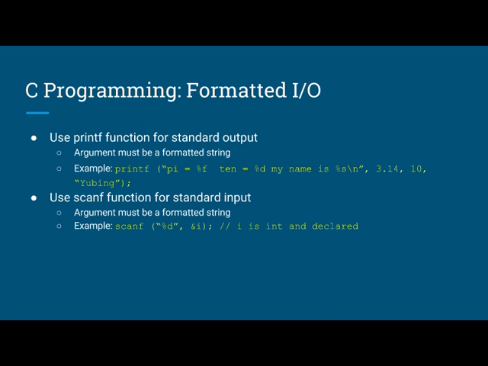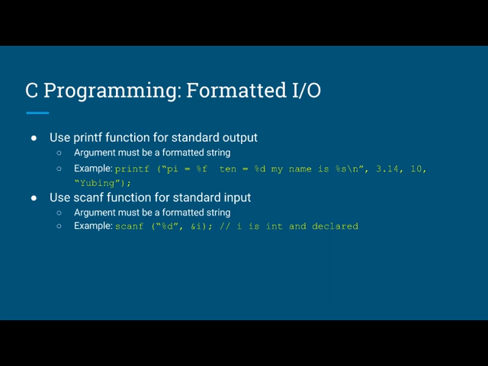In this case, we have something like pi equals %f, pen equals %d, and my name is %s. What does this percentage sign mean? If the compiler sees those representations in the string, it will know that it's formatted I/O, and it will look up the corresponding arguments that follow. In this case, %f corresponds to 3.14, which stands for a floating point number.